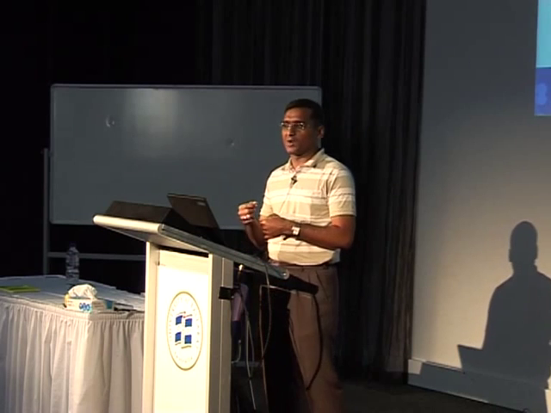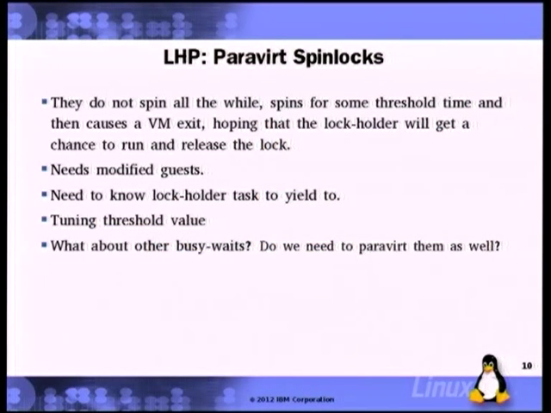What it requires is for the guest kernel to be modified. Again, the same limitation: the hypervisor needs to know whom to yield to, and the tuning of the threshold parameter can be tricky. Paravirtualizing the spin lock would solve one of the spin lock problems. So what happens to the other busy locks in the kernel apart from the spin lock? We found some of them while doing some benchmarking, which I'll be talking about later on.